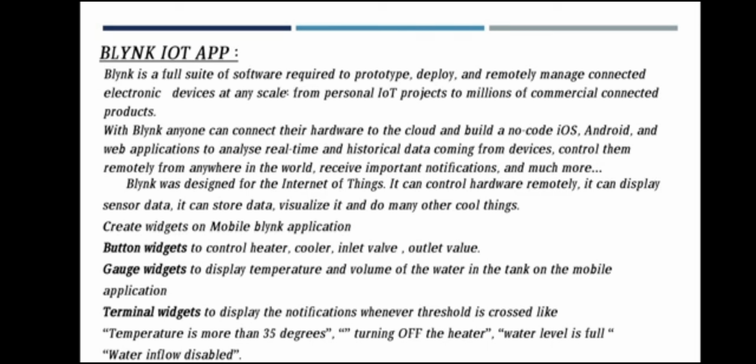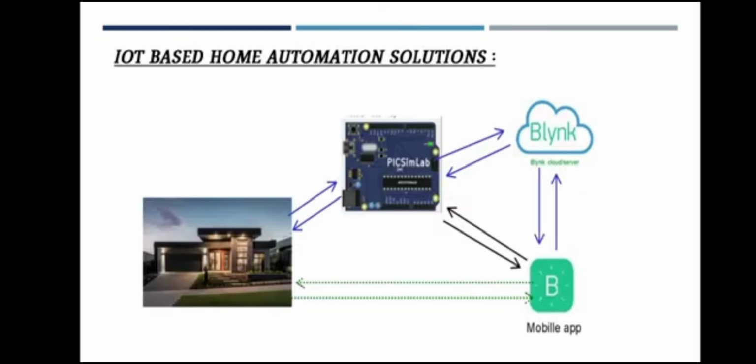Blink was designed for the Internet of Things. It can control hardware remotely, display sensor data, store data, visualize it, and do many more cool things. It creates widgets on the mobile Blink application.